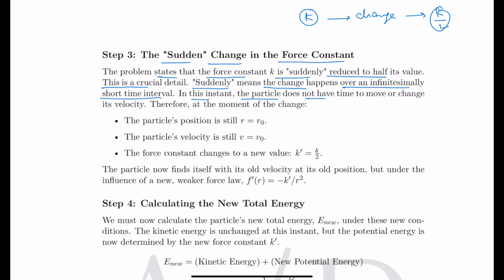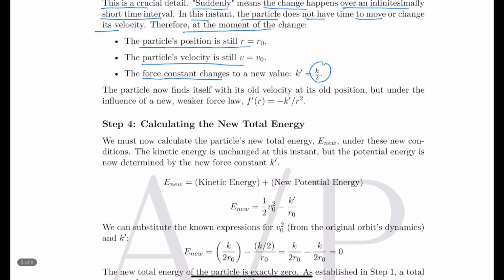At this instant, the particle does not have time to move or change its velocity. Therefore, at the moment of the change, the particle's position would still be the same, the particle's velocity would still be the same, but the force constant would change to k by 2. The particle now finds itself with its old velocity at its old position, but under the influence of a new, weaker force because it has been halved.